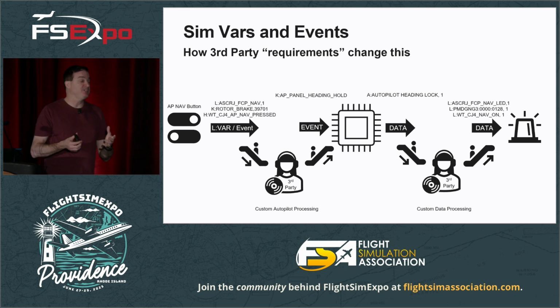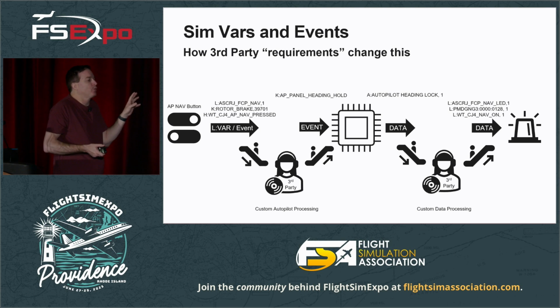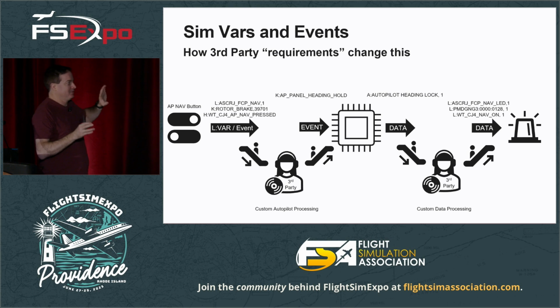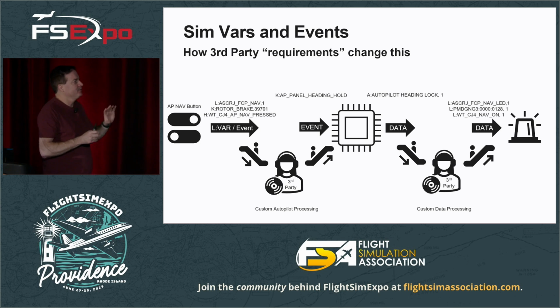With PMDG planes, they came up with this really great concept. There's a whole bunch of other developers that do it too. The MD-11 does it. They use rotor brake events. Rotor brake was a K event that you could put data with, right? Ignore rotor brake, because it's like, isn't that a helicopter thing? It was just that it was one of the only events you could send data in with and nobody used.